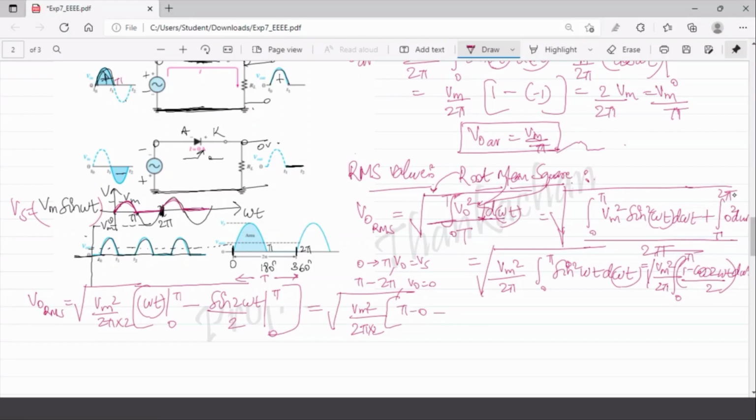So sine 2 pi is 0, minus sine of 0 is also 0, so 0 minus 0. So this gets cancelled, and this pi gets cancelled. What we are getting here is root of Vm square divided by 4, which is nothing but Vm divided by 2. So the RMS value of a half wave rectified sine wave comes out to be Vm divided by 2.